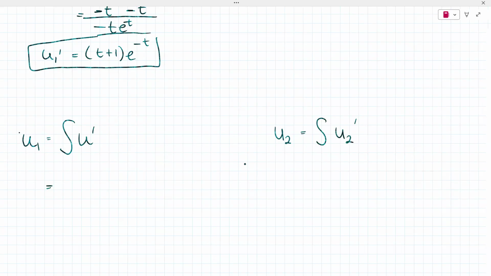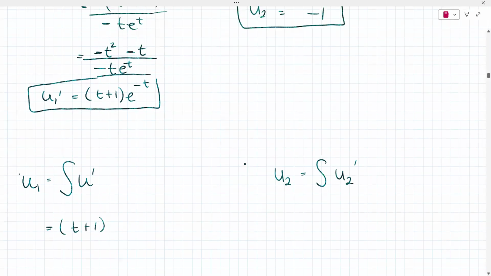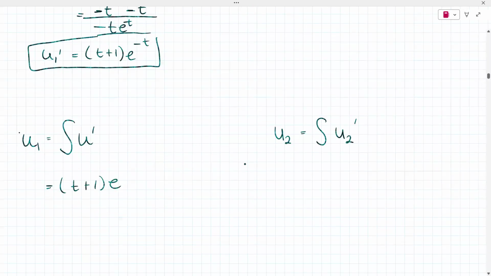So my u1 prime is t plus 1 times e to the negative t dt. We'll do that later. Let's just set up u2.